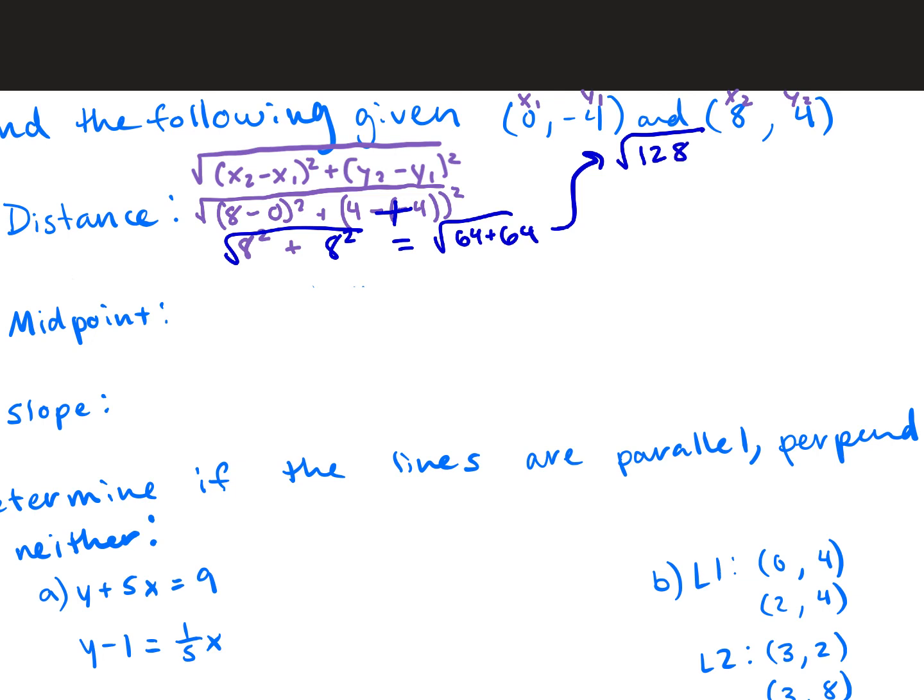And then we can break that down and simplify it. Because it's an even number, I know 2 is going to go into it, so 2 and 64. 64 I can break down into 8 and 8. Once I have a pair, I can stop there and circle the pair, and whatever I circle will come to the outside. So 8 is going to come to the outside. 2 doesn't have a pair, so that has to stay on the inside. So here this breaks down into 8 square root 2.